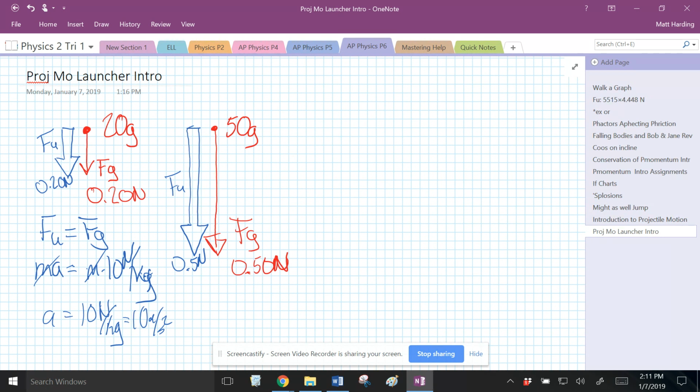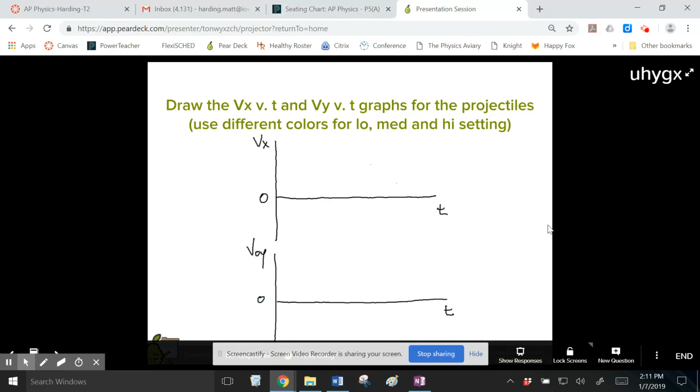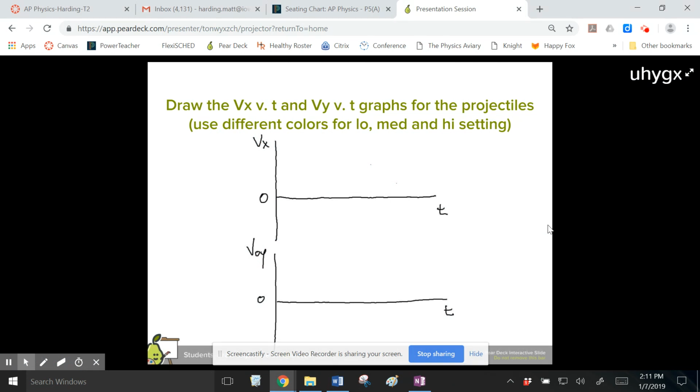So what I would like you to think about over on the pair deck is what do the Vx versus t graphs look like? What do the Vy versus t graphs look like for that type of motion? And use different colors for the different launches there. We've got low, medium, and high.